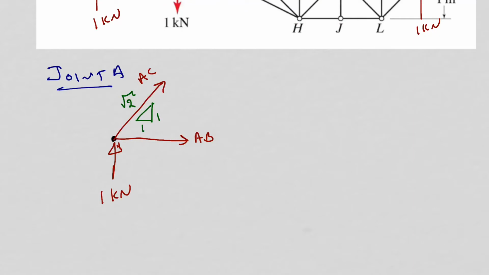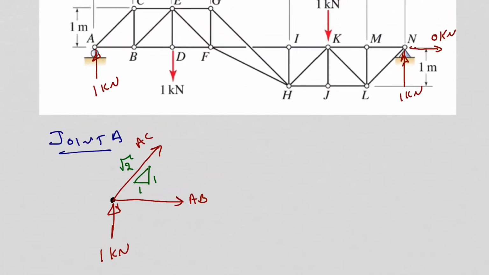Okay, so I've drawn the joint A. Once I cut that out, I've drawn joint A, free body diagram. So let's look at this and solve for our members AC and AB. The first thing we can do is sum forces in the Y direction, which is probably the most convenient because then we can solve directly for AC.